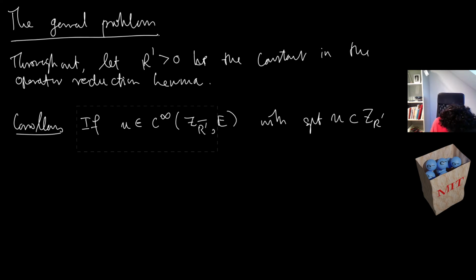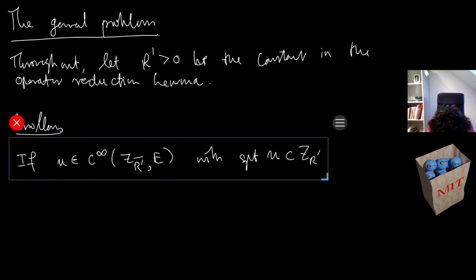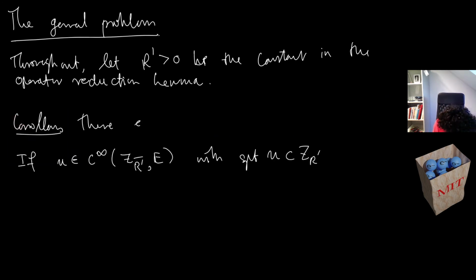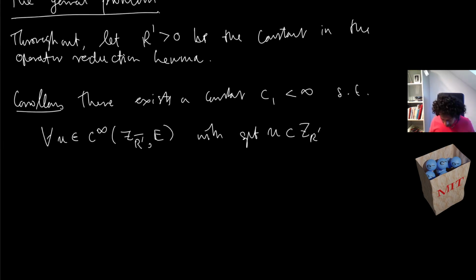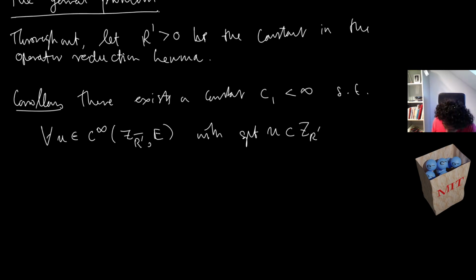Okay, so I should say there exists a constant C1, a finite constant, such that for all U in this cylinder with support contained, so the support doesn't touch the R0, the fake cylinder.